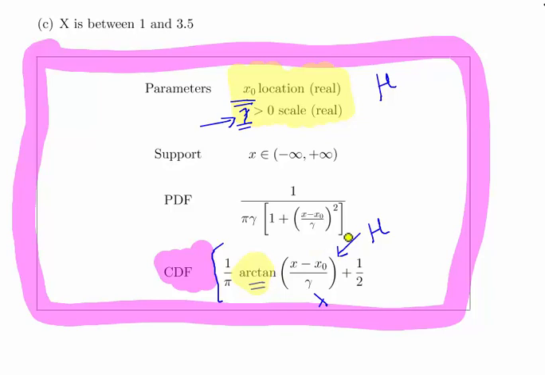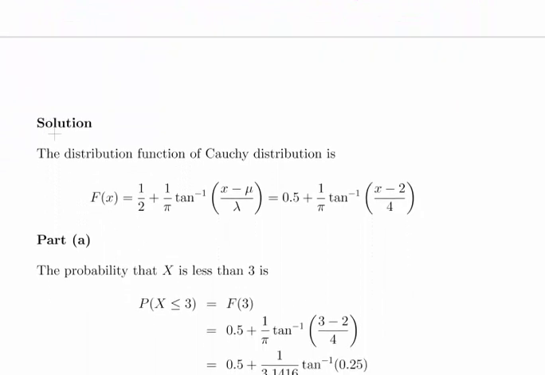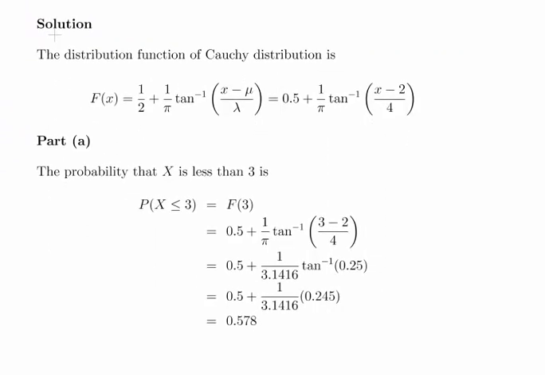Again, I labor this point a lot, that the notation is not consistent. You have to get used to that. In this case, we're going to put in our values: mu is equal to 2 and lambda is equal to 4, as given in the question.